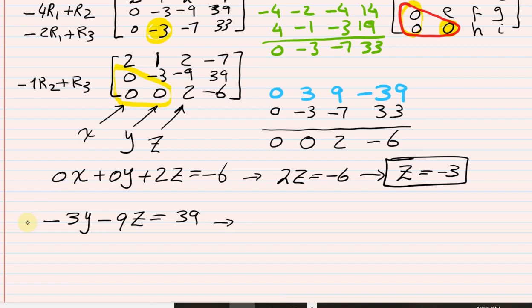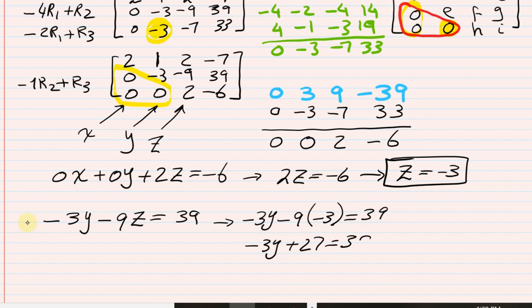So from this we get -3y, -9z equals 39. That's -3y plus 27 equals 39. Subtract 27 from both sides, we get -3y equals 12, and divide by -3, so y would be -4. And there you go.